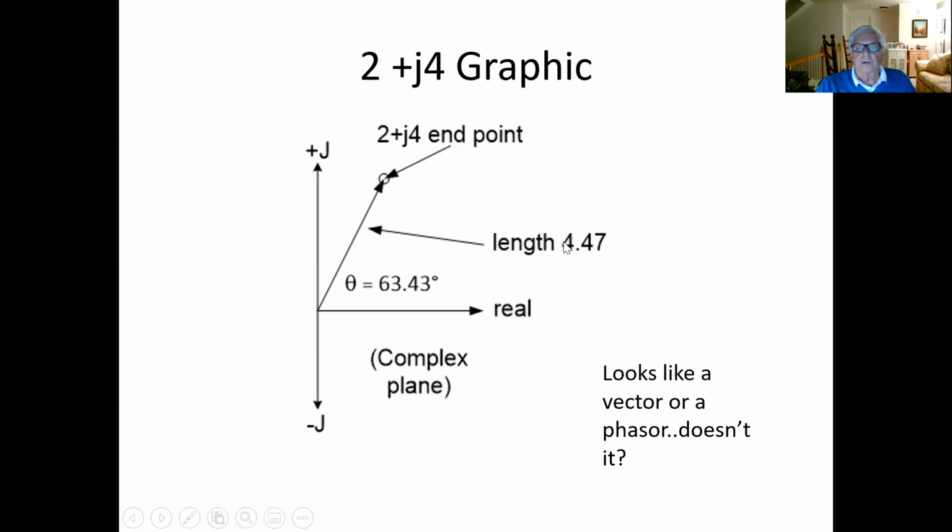And the length, 2 squared plus 4 squared, square root, is 4.47. So it looks like a vector or a phasor. It looks like both. The math is the same. That's the important thing.